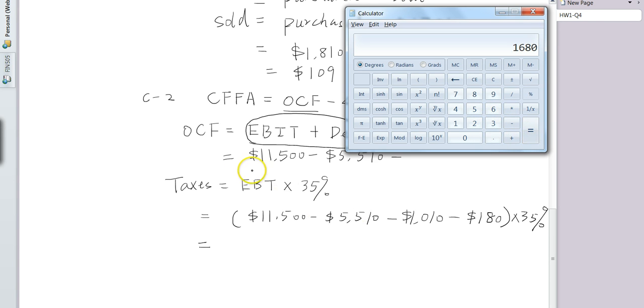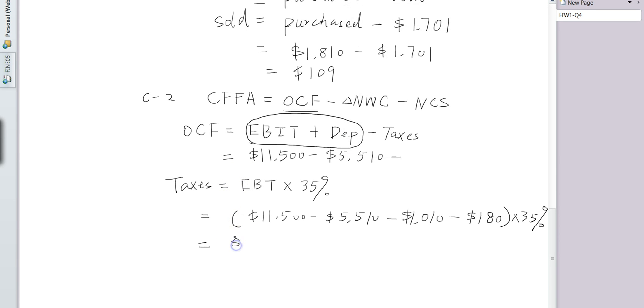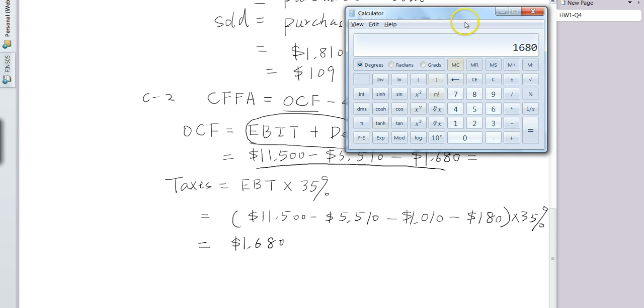That gives me taxes, which is $1,680. So now I know the number here. Taxes here is 1,680.